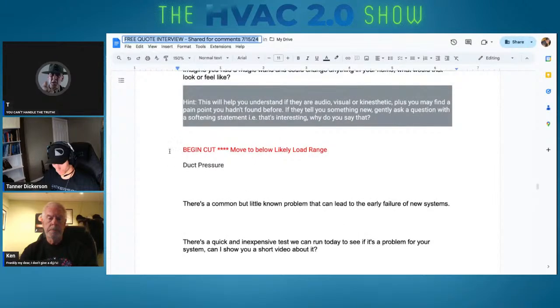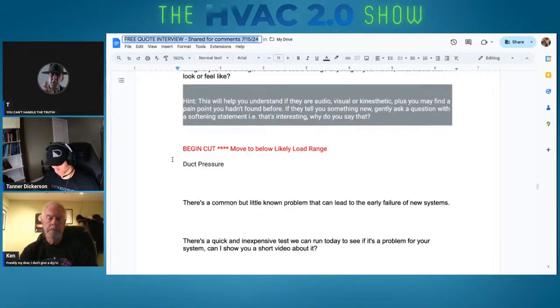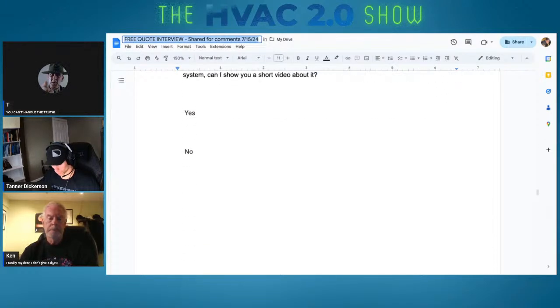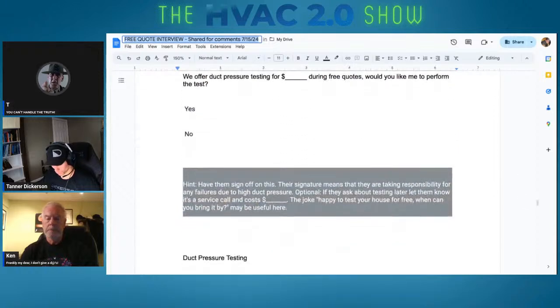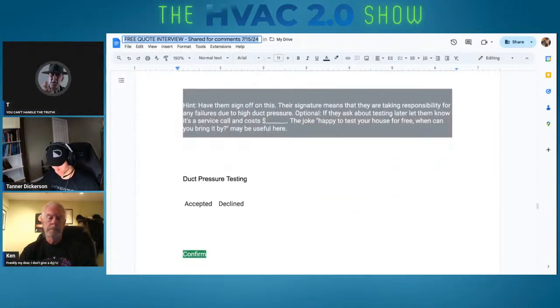And this is where I'm changing it so that likely load range comes in front of duct pressure, and duct pressure needs to go to the bottom. I don't think you have to punch them in the nose with duct pressure if you do likely load range well and you do the 6 functions well.